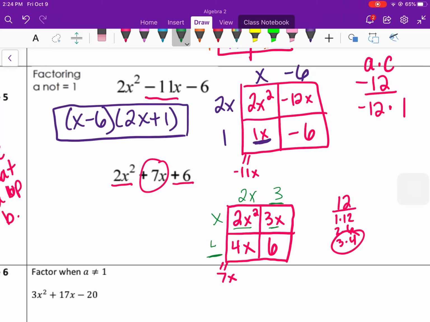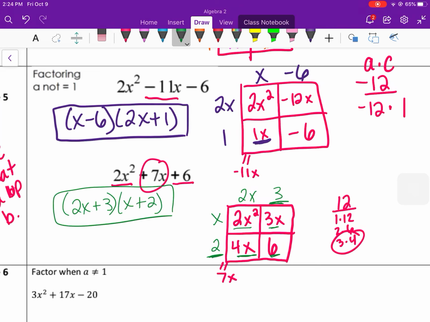Then 2x times 2 is 4x. And then 2 times 3 is 6. So that works out. And that means that this is 2x and a positive 3, so 2x plus 3, and an x and a positive 2 is x plus 2. Now you already have this multiplied back out here using the box, so it's kind of like you've already checked your answer.